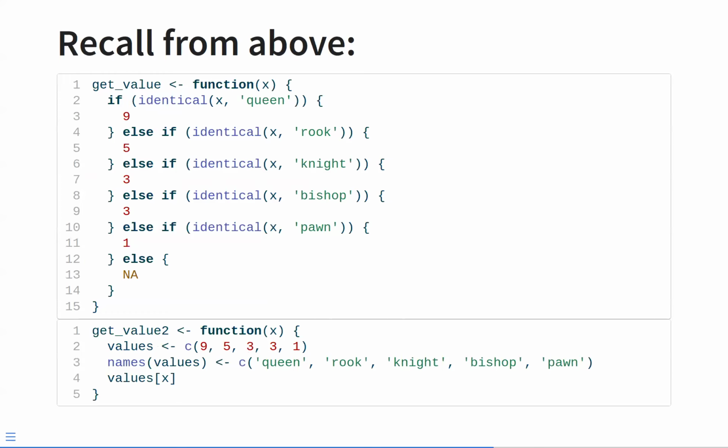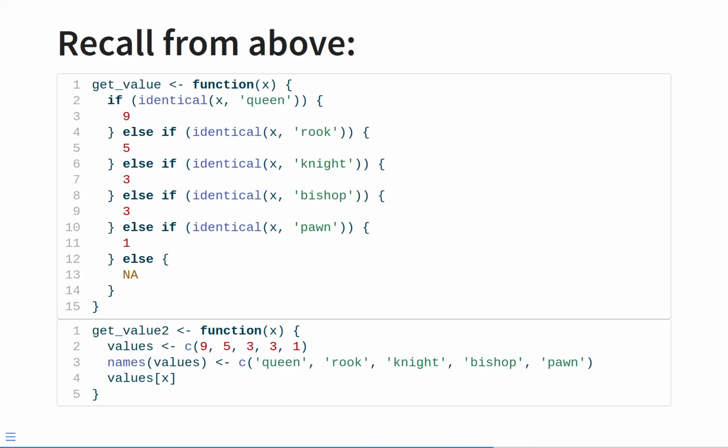Okay, now, do you remember from earlier in this lecture, we compared two functions, get_value and get_value2. Both of these functions do exactly the same thing. They assign numeric values to chess pieces following a commonly used convention. But the first of these uses an overgrown if tree, which is my silly name for just a long, complicated if-else-if statement.